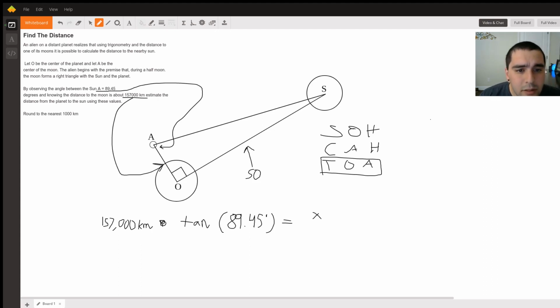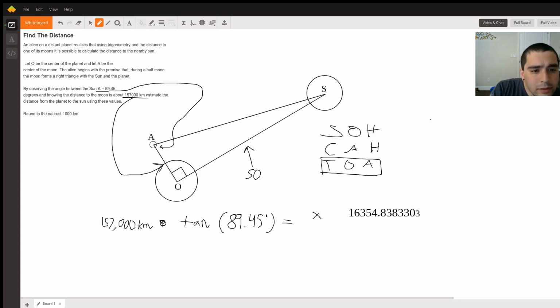Let's see what that actually is. Ooh, that's a very big number. I'm going to copy this in and paste it here. That's the number we're getting, but this is in terms of thousands of kilometers.